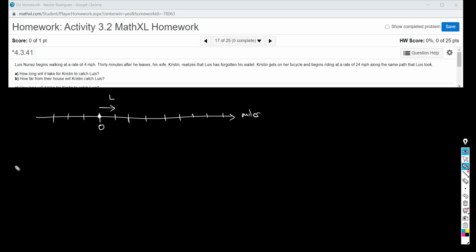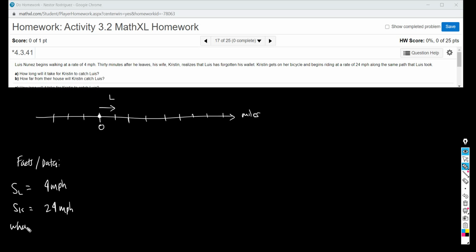Same idea. In here, somewhere we can have our facts or data space, and what do we know? We know each of the speeds of both people, right? Luis's speed is 4 miles per hour, which I'm gonna write like this. The speed of Luis is 4 miles per hour, and the speed of Kristen is 24 miles per hour.